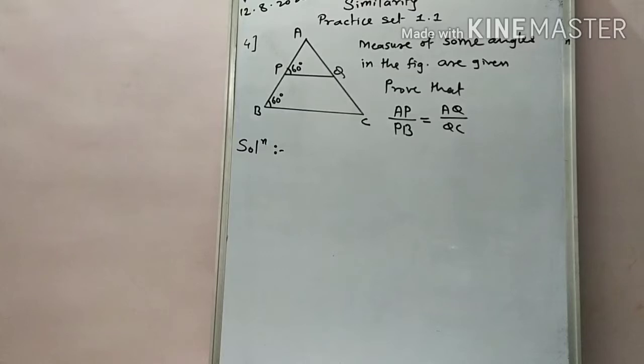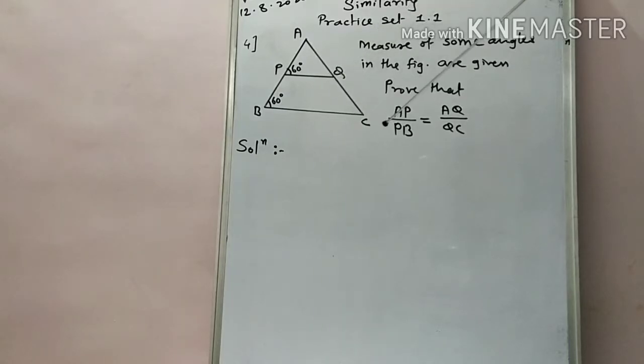In the figure, the measures of some angles are given, and using that you have to prove that AP upon PB equals AQ upon QC. Means you have to show these two ratios are the same. What do we notice here?